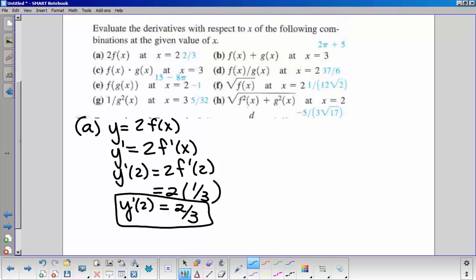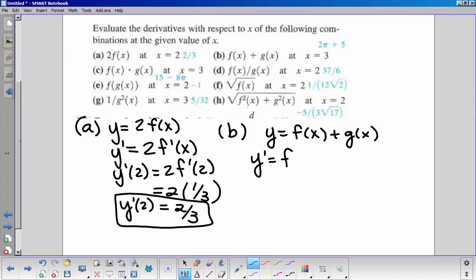Part B says y equals f of x plus g of x. Well, what is the derivative of that? Y prime is going to be f prime of x plus g prime of x. And then I want y prime of 3.